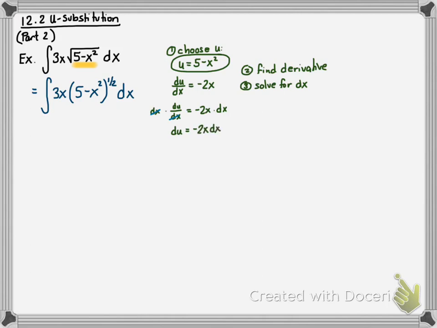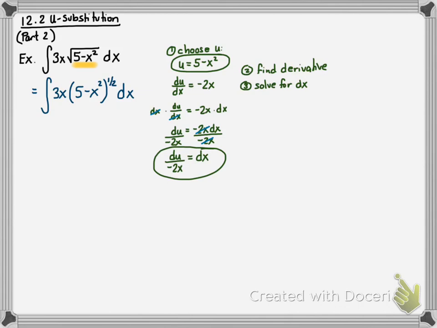So I've gotten the dx out of the denominator, and now I'm going to divide both sides by negative 2x. This gets dx completely by itself. On the right side we have dx, and on the left side we have du over negative 2x. That piece is important, so I'm going to circle that as well.